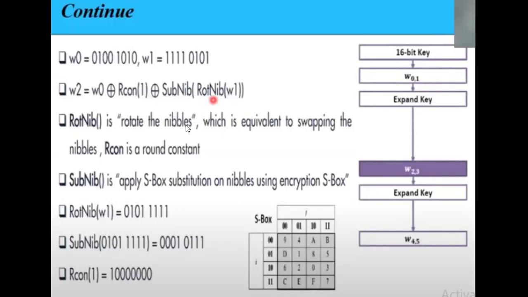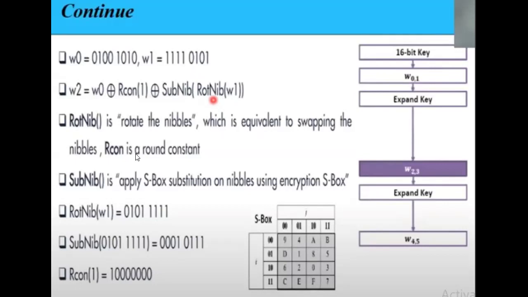The rotate nibble operation is nothing but a swap operation, and we are going to see that in detail. In W1 we have two nibbles, and we have to perform rotate nibble on them. We will see how we can do that.